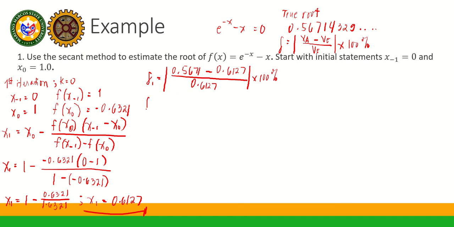So, our percent error 1 is equal to 8%. Okay, so masyado pang mataas. So, we still need to iterate.